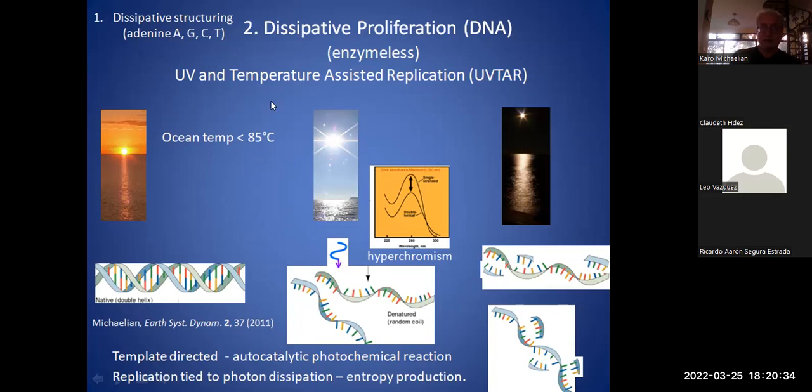I should say this is a very interesting value for the temperature that they have found with these oxygen isotope ratios, about 85 degrees centigrade, because this corresponds in fact to the denaturing temperature of short strand and intermediate strand DNA. So that's very interesting. Life started when the surface temperature was the denaturing temperature of DNA. Okay, and that fits with this UV TARP mechanism.